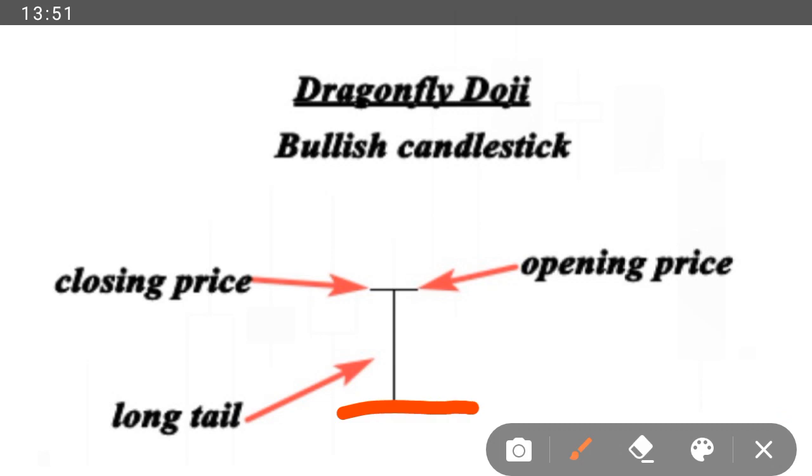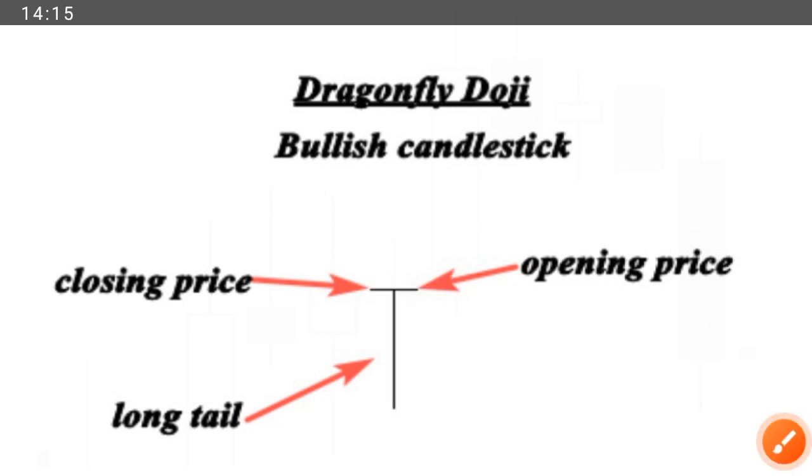Then it went up again and closed where it opened before. But it has a long tail. That's why we call it dragonfly. So we call it dragonfly doji bullish candlestick.